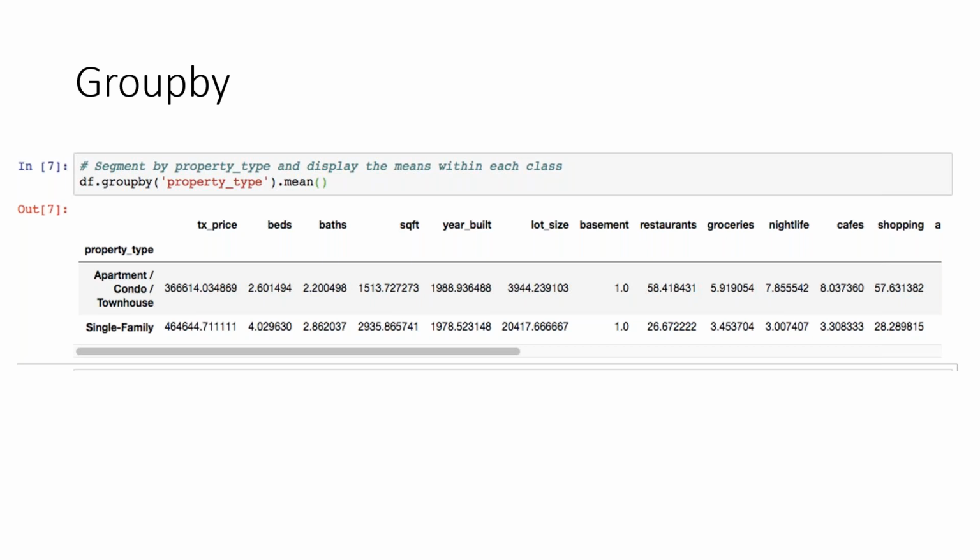That is what I am getting here. If you look at property type, then for tx_price, what is the average, for beds, what is the average, like that I can see everything at a time. Please do this and tell me when you got this.